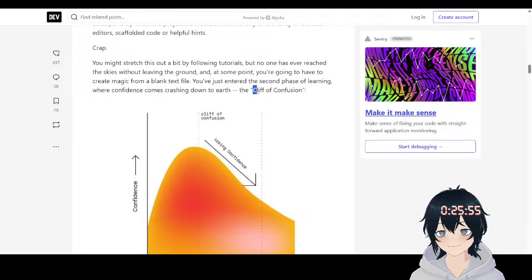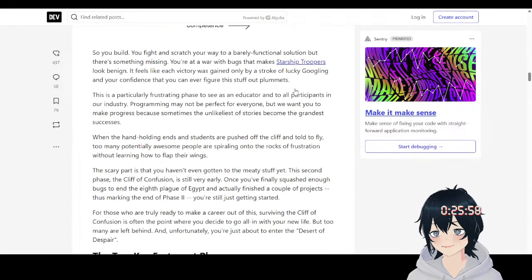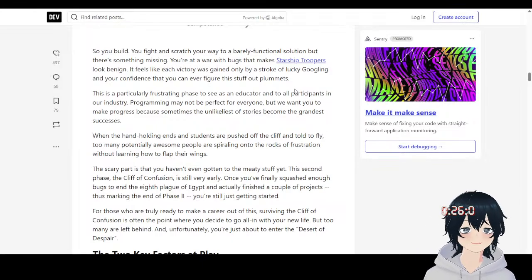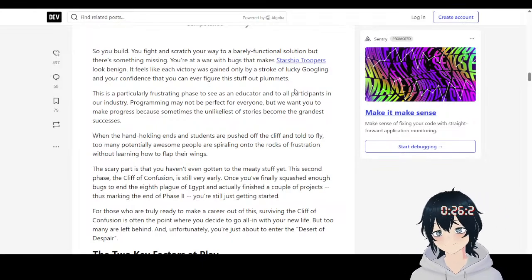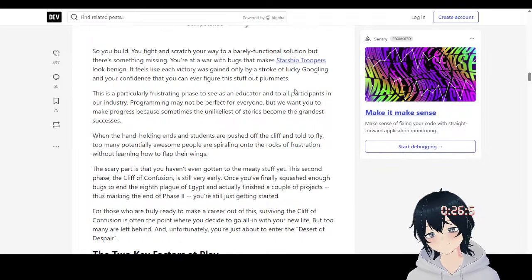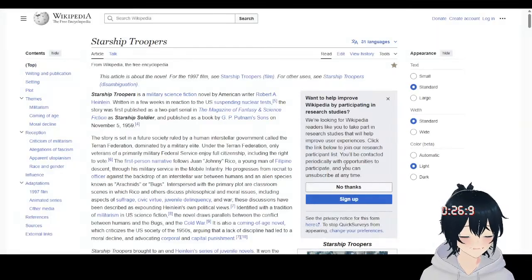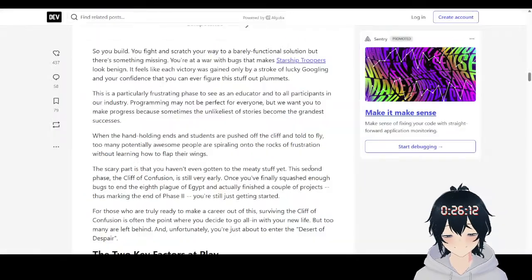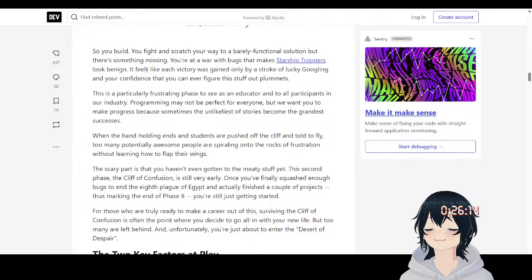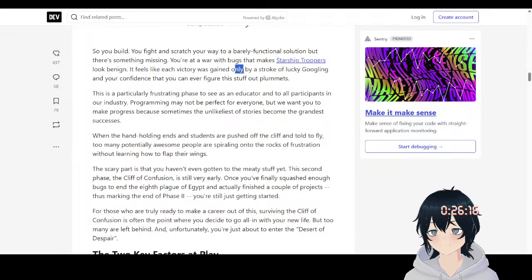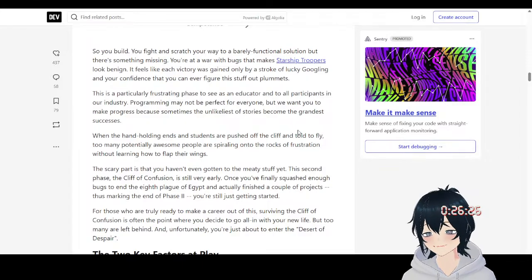Confidence comes crashing down the cliff of confidence. So you build, you fight, and scratch your way to a barely functional solution, but there's something missing. A wall with bugs. It feels like each issue was gained only by a short lucky googling. Programming may not be perfect for everyone. We need to make progress because sometimes the unlikeliest of stories become the grandest successes.